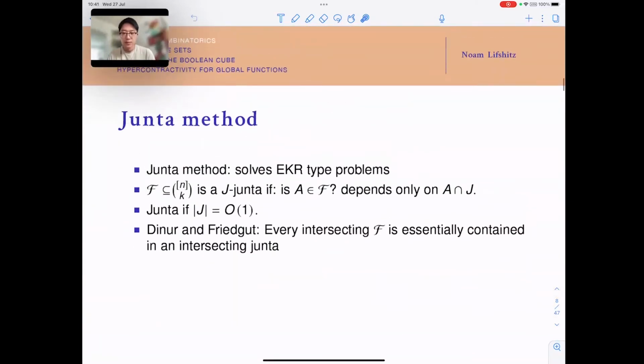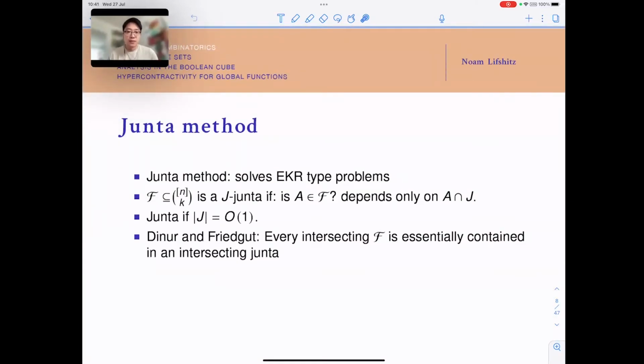And it turns out that this notion of juntas is not only relevant in the social choice world, when we talk about elections, it's also relevant for Erdős-Corrado type problems. So what does it mean that a family of sets is a junta?